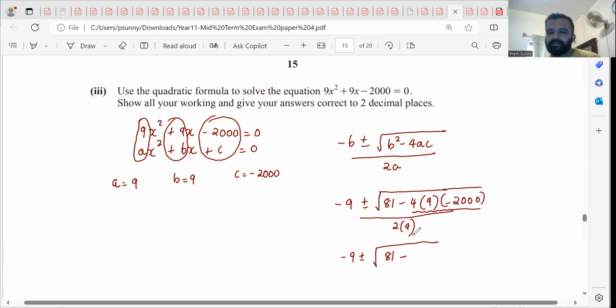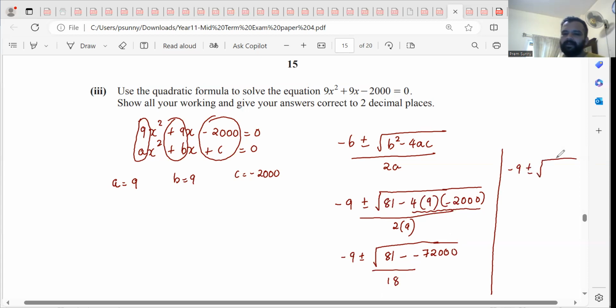Already there is a negative sign. When we multiply 4 into 9 into minus 2000, I get minus 72,000, divided by 18. So this will be minus 9 plus or minus root of 81 plus 72,000, which is 72,081.